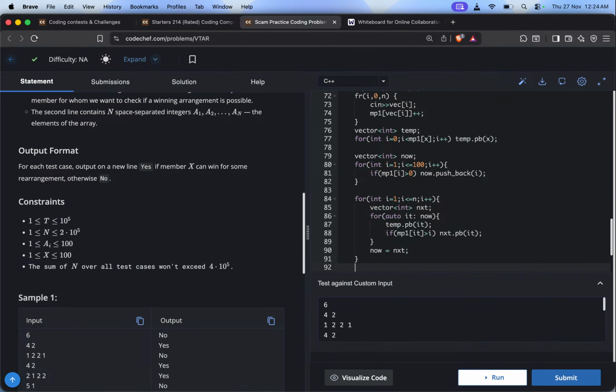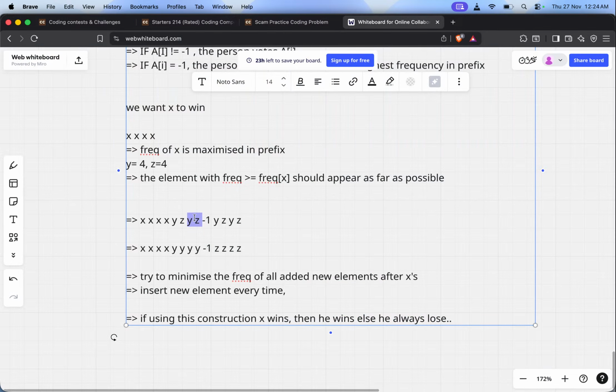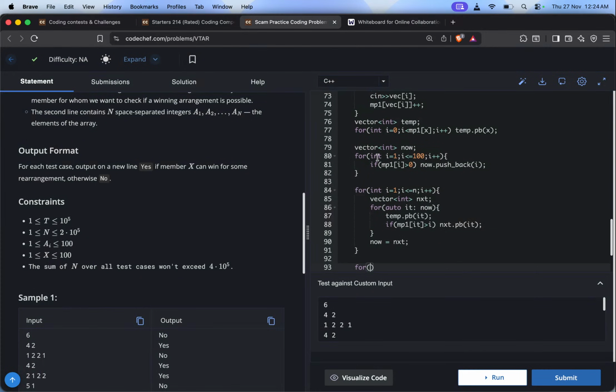Now let's insert these minus ones. We had already initially removed these minus ones. Now let's change vec such that the ordering of all these elements except minus one is according to this particular construction.